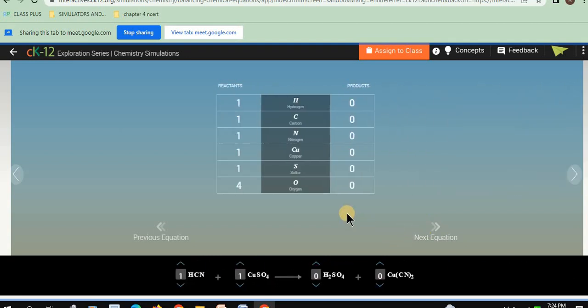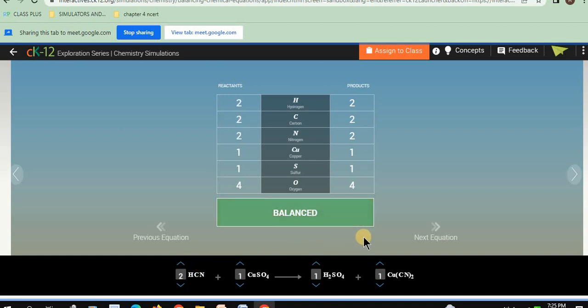Right? Next question. First we will make 1, 1, 1 everywhere. Now you have to tell me how many cyanides are there in left hand side and right hand side. Left hand side 1 and right hand side 2. So now to make it 2, we have to multiply by 2 here.